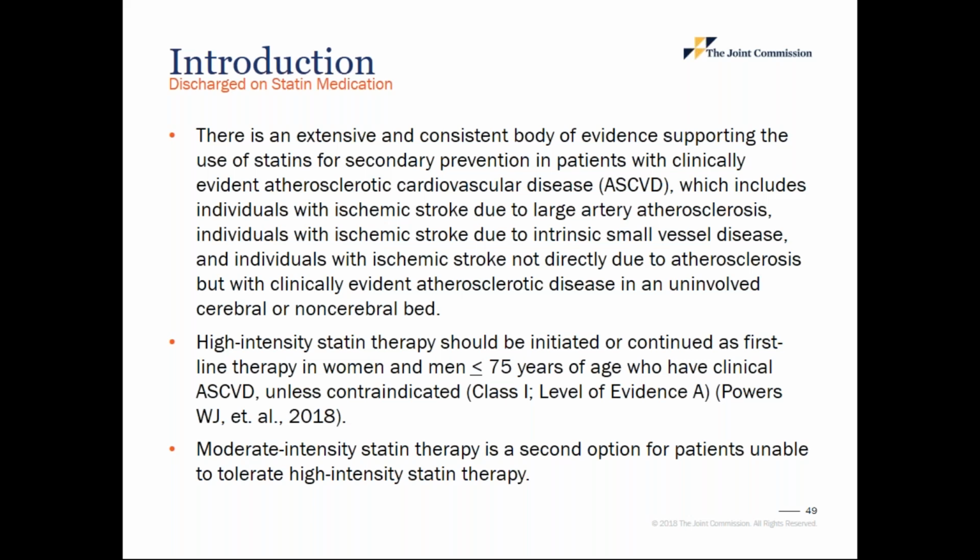When high-intensity statin therapy is contraindicated, or for those patients unable to tolerate high-intensity statin therapy, moderate-intensity statin therapy should be used as a second option. High-intensity therapy may also be reasonable for ischemic stroke patients who are older than 75 years, if risk reduction benefits outweigh the risk of adverse events and the patient can also tolerate the treatment.